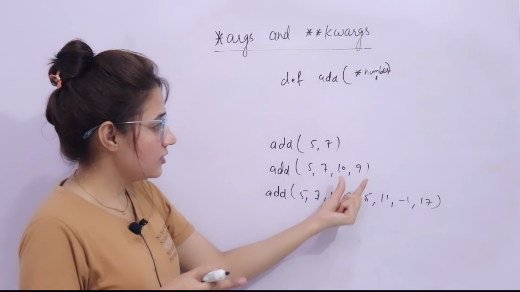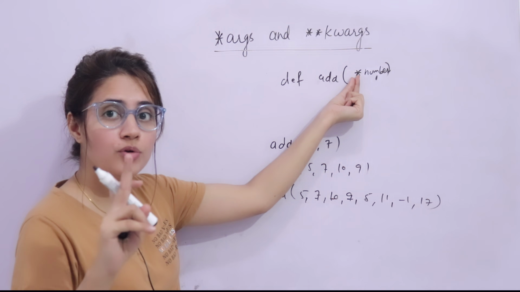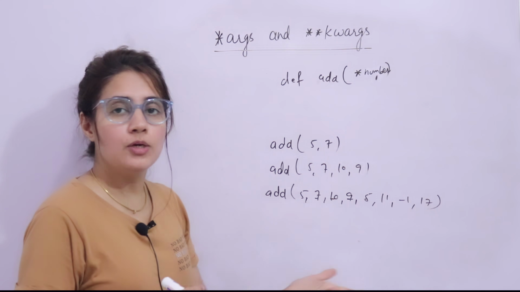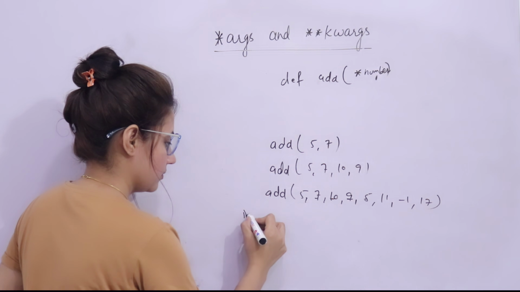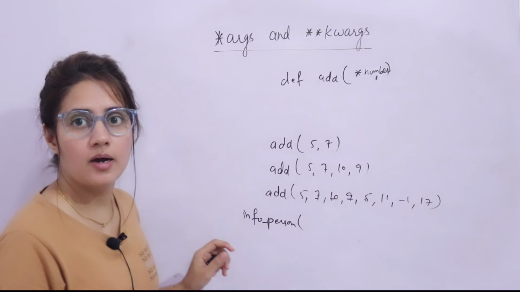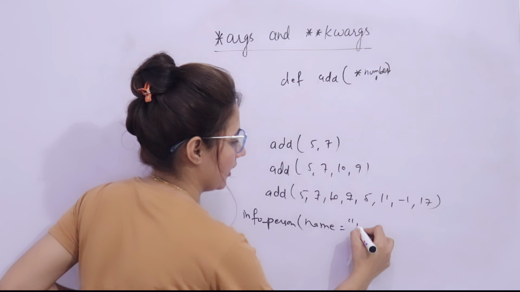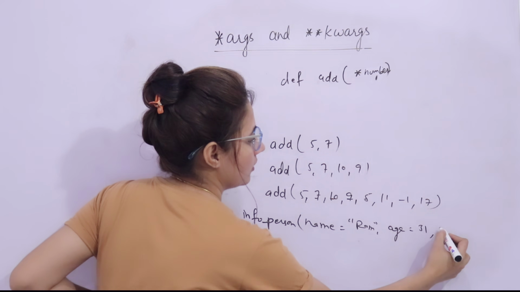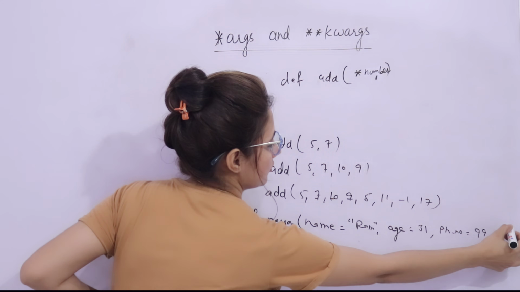Now, one star will accept only arbitrary non-keyworded arguments, or arbitrary positional arguments. But I want to pass keyword arguments, like information of a person. Say we have a function info_person, and I want to pass name equal to Ram, then age equal to 31, then phone number equal to 99, something like this.